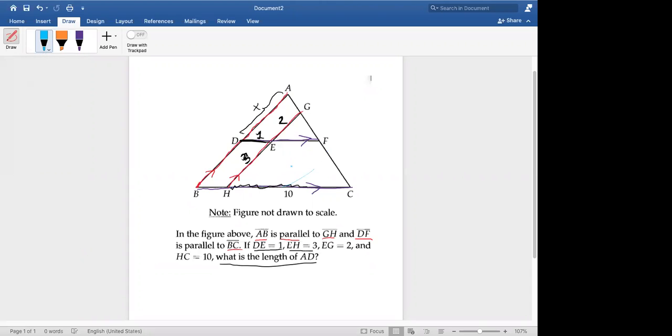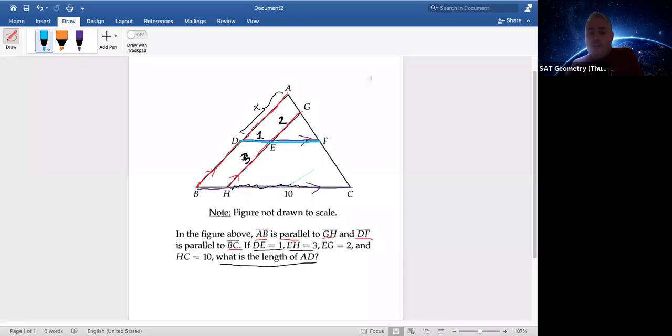Now, I will use parallelism. Let me just show to you only this part. Look at now. And this part. This triangle I am looking.